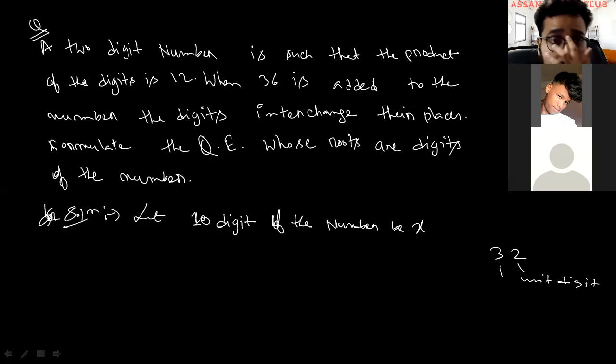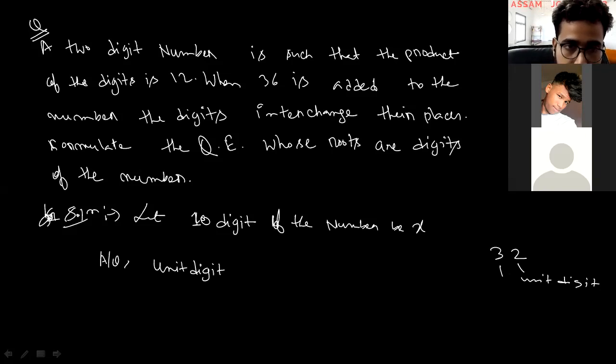Okay. Now see, the product of the digits is 12. That means what will be the unit digit? According to the question, unit digit into ten digit is given as 12. A two-digit number is such that the product of the digits is 12.